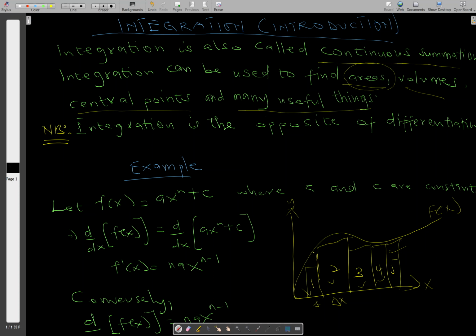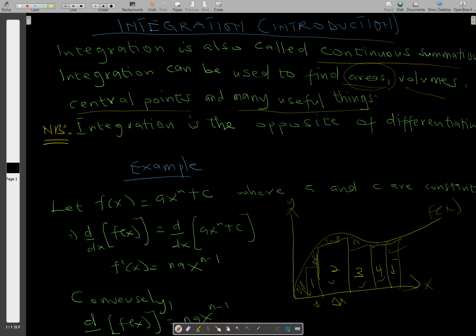Now you realize that there are still a lot of spaces under the curve, and it means that our result will be an approximate result but not an exact result.